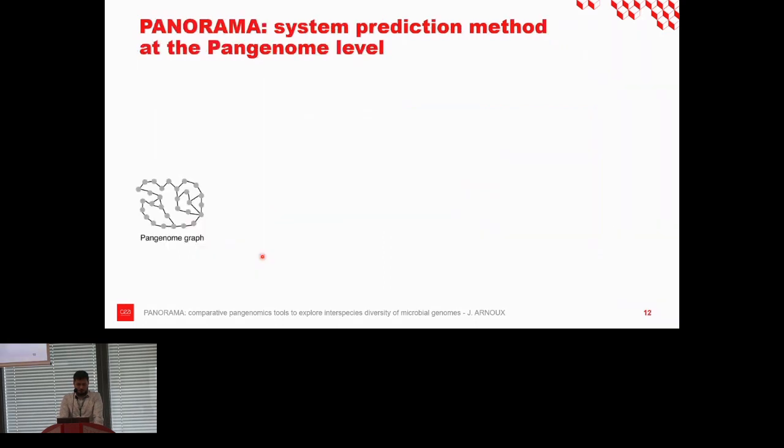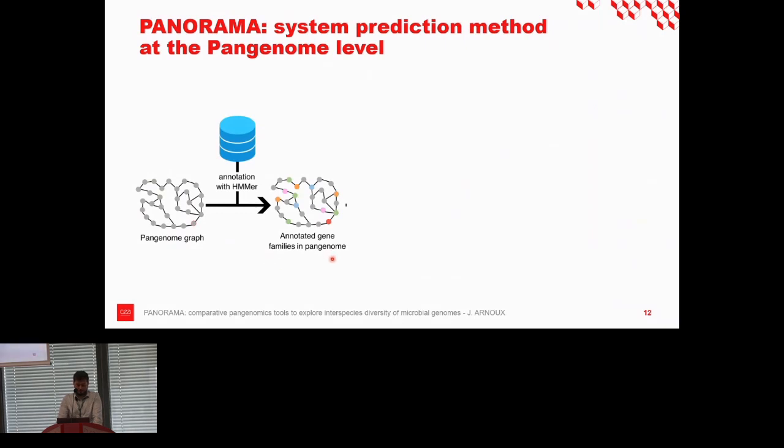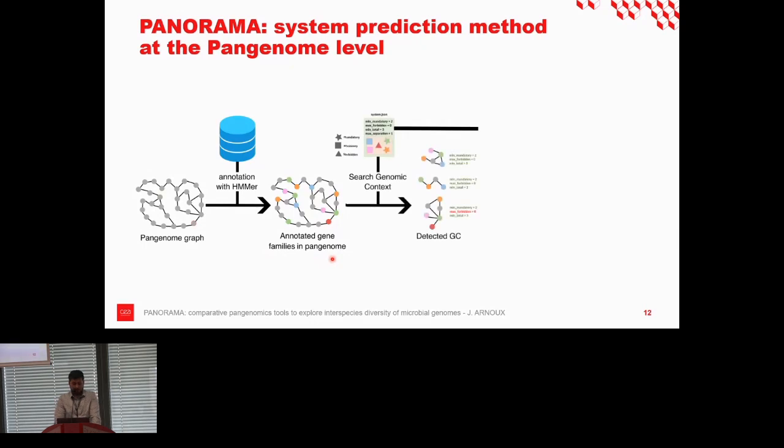So we have our models, we have a pangenome graph. Now we want to predict the system. The first step will be the annotation of the pangenome graph with an HMM database to obtain an annotated pangenome. After, we can use the genomic context search function to search for the model corresponding to our system in our pangenome.